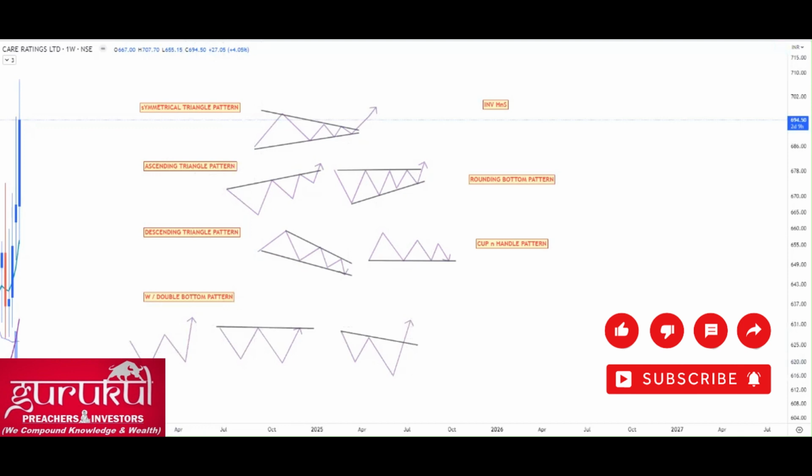Why am I giving you variations? Because nothing is sacrosanct in the market, nothing is fixed, right? One thing you must remember: every stock prints a different candle every day, but the patterns of the candles remain the same.